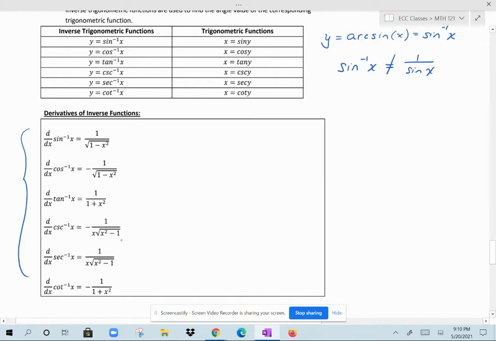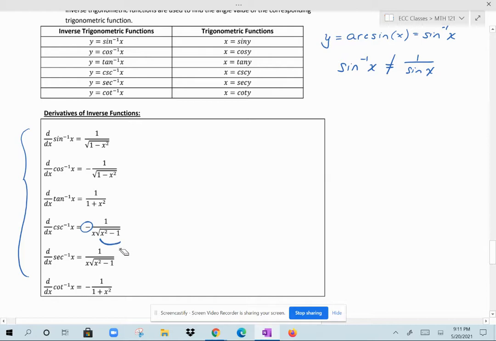Cosecant inverse is -1 over x times square root of x squared minus 1. Notice that here the x squared and the -1 is in a different order than here. Sometimes people get that mixed up. And then the derivative of secant inverse is almost the same as cosecant inverse, except this one has a negative and secant inverse doesn't.